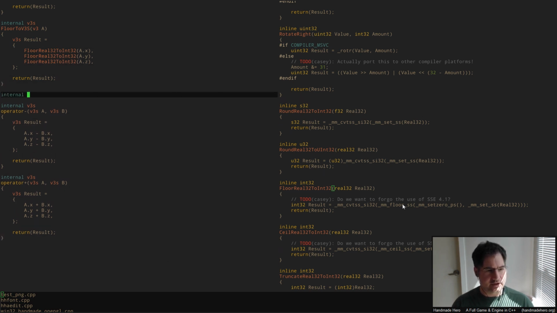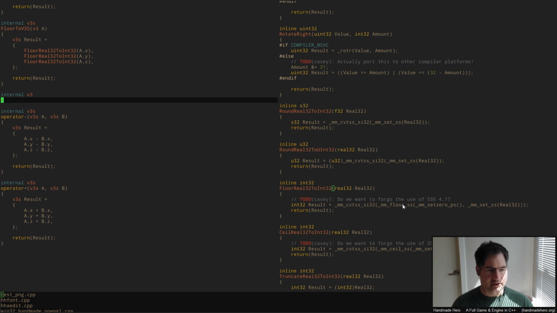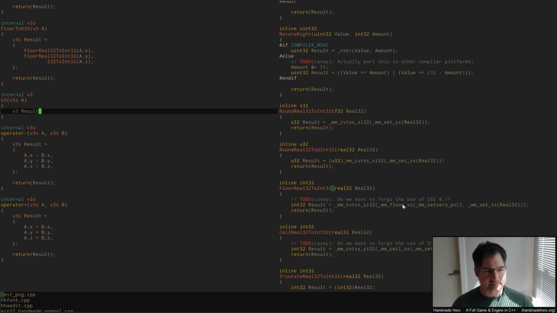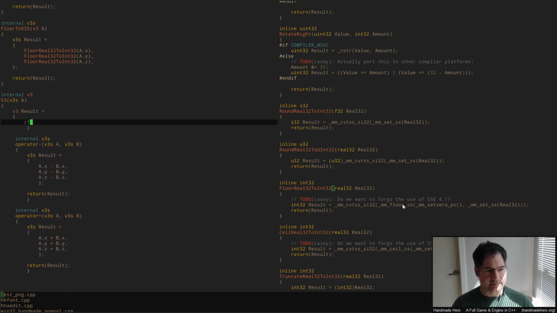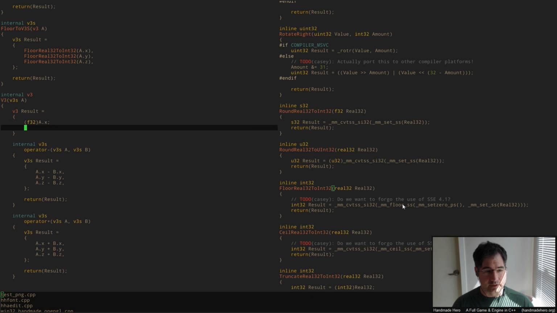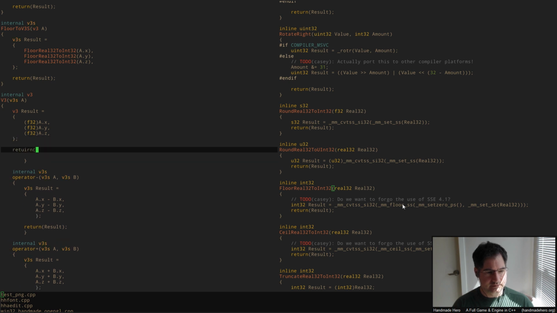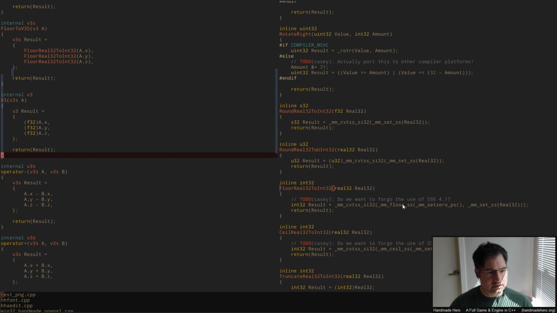So then the only other thing I think we needed, I can't quite remember, is the ability to change one of these V3S's back into a V3. That's just a simple load. That's not going to do anything interesting at all. It doesn't really even change the value. And that's it.